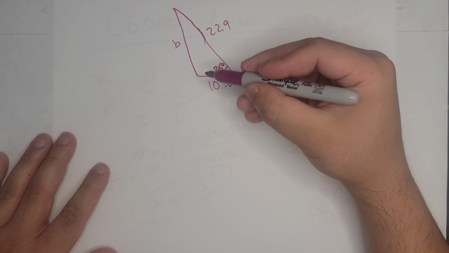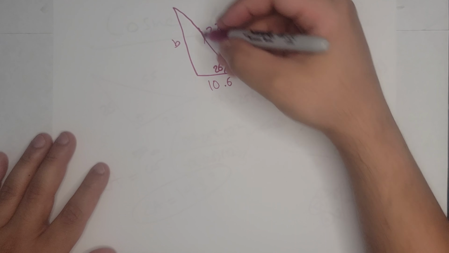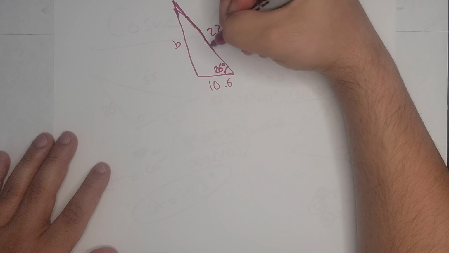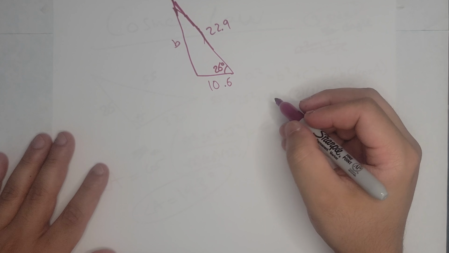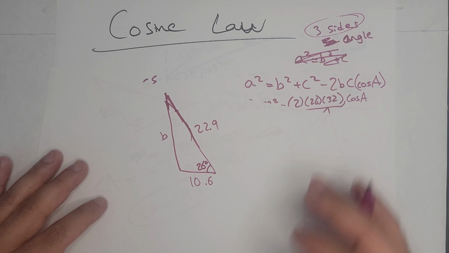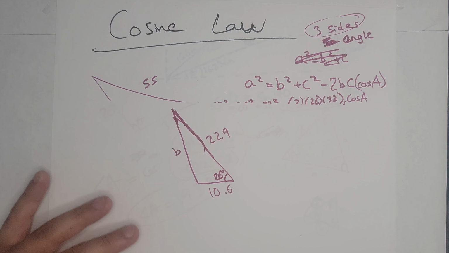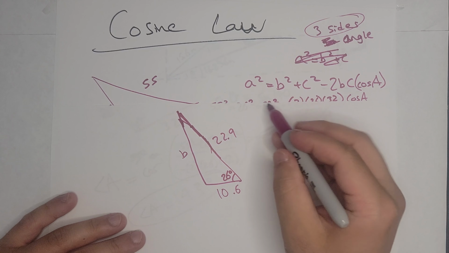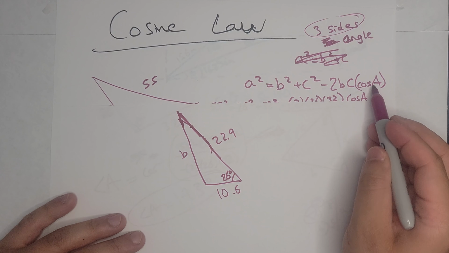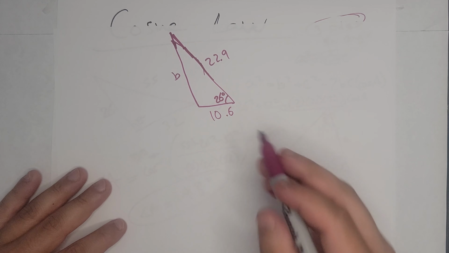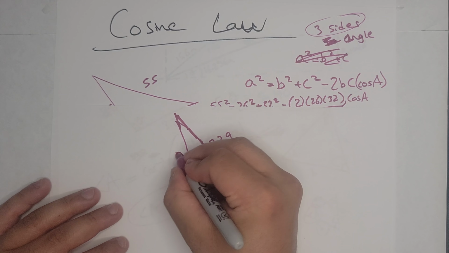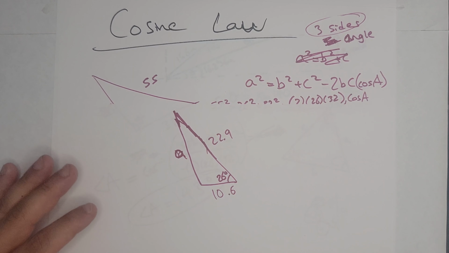I have the angle and the 2 sides to it. Let's pretend this is straight. Okay, now I can use the cosine law again, where in this case, this will be technically my A, because I have the opposing angle. So technically I can even call this A, just so I don't confuse anybody.